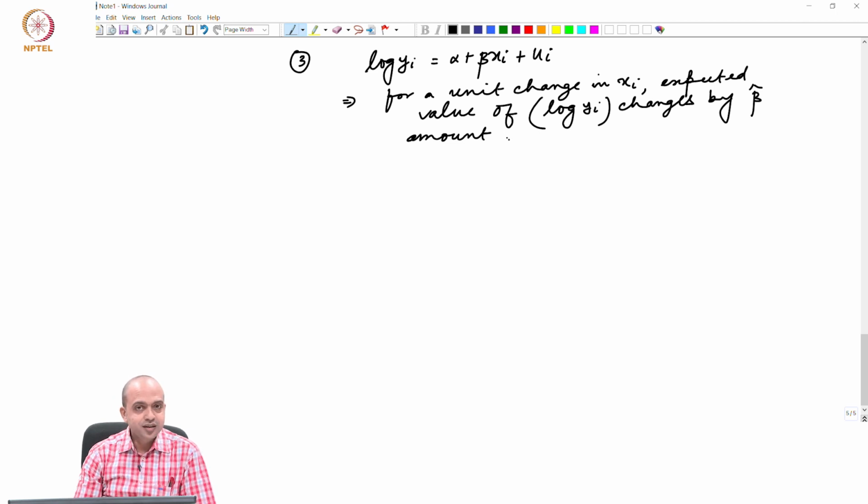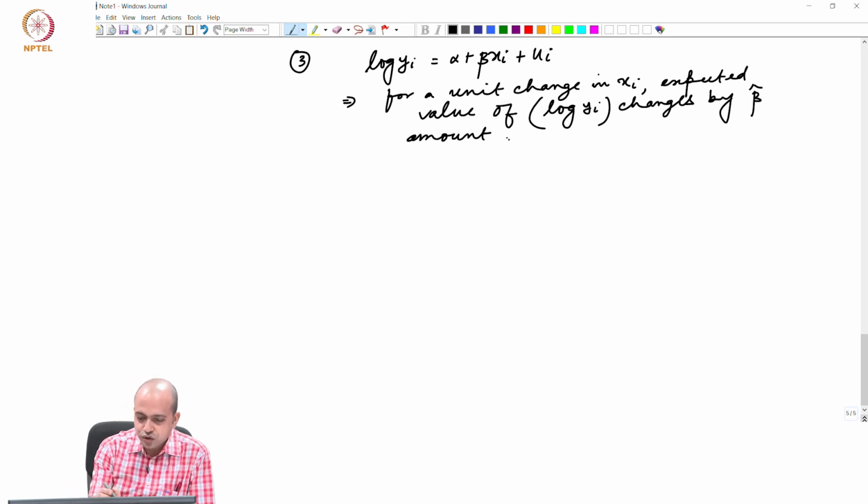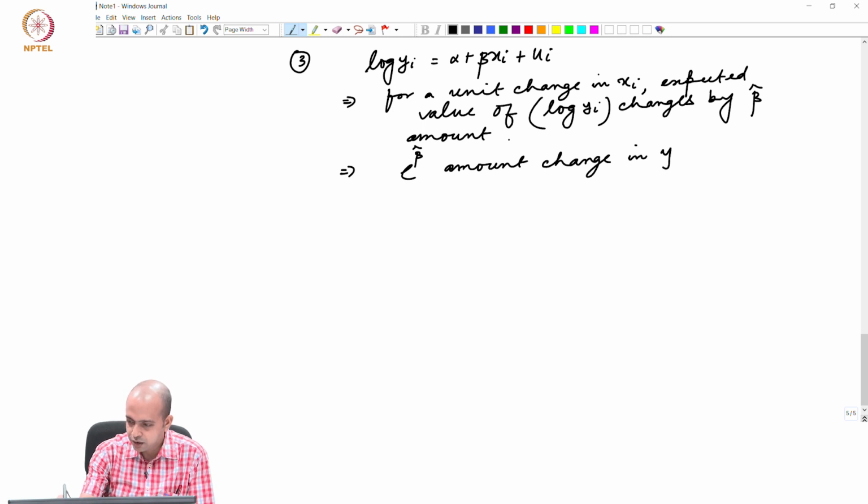But as I said, understanding change in log of yi is a little difficult, because what we want is the change in yi. So, this is equivalent to e to the power of beta hat amount change in yi.